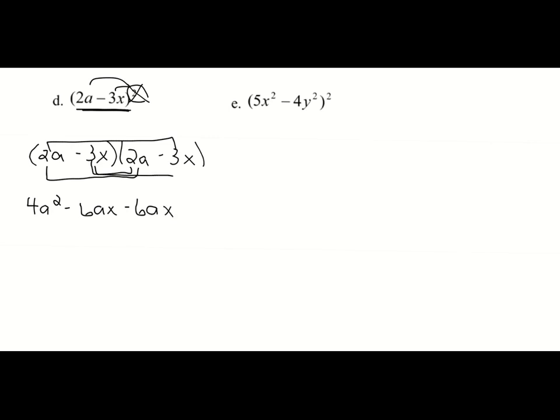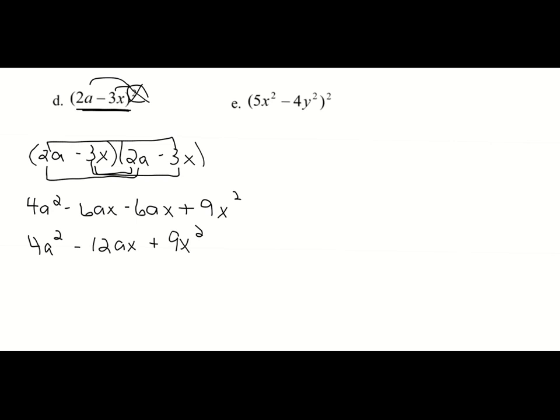And then my last terms, two negatives make it a positive 9x squared. In my middle terms, they don't cancel out because they're both negatives, but I can combine them. So I'm going to have 4a squared minus 12ax plus 9x squared for my final answer there.